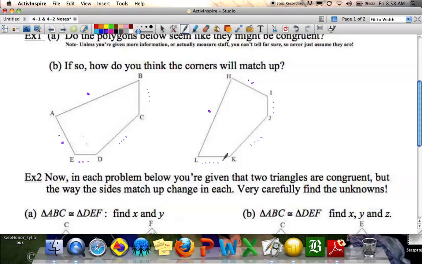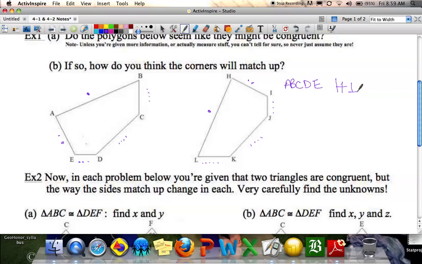So when you line up these, it's important that they match. So if I start with polygon A, B, C, D, E, I must match A with which angle, which corner? Well, I must match A with H. And then I would match HI with AE.